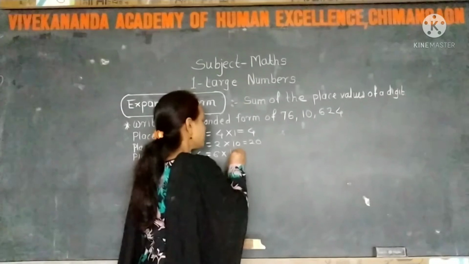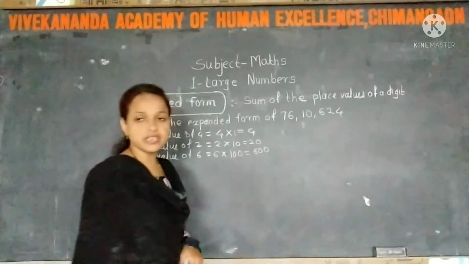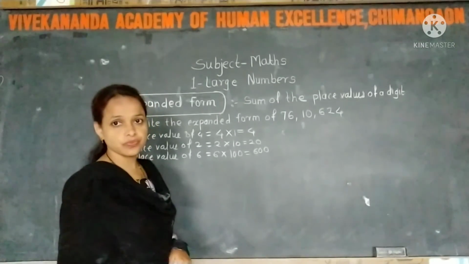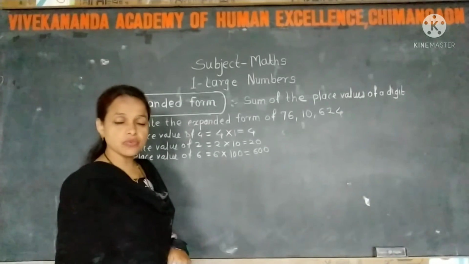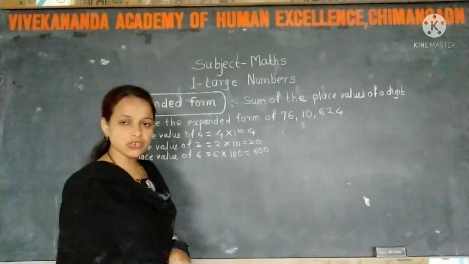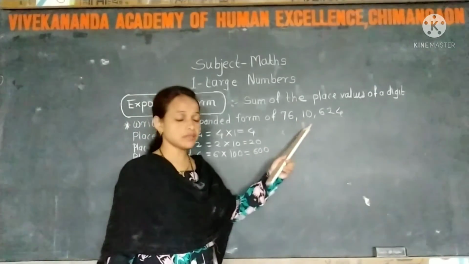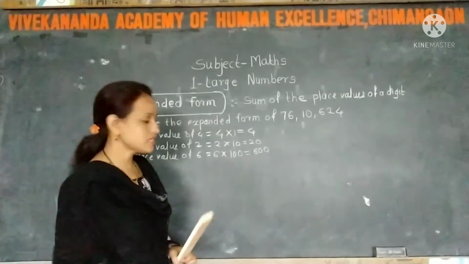So 6 multiplied by 100, we get 600. Next digit 0. I told you place value of 0 is always 0 irrespective of the place it occupies. So though 0 is at the 1000's place, place value of 0 is always 0.